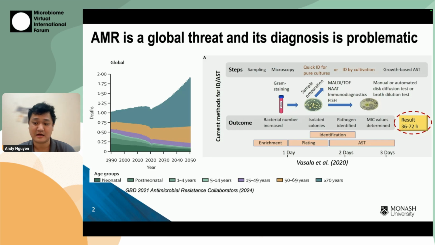It can take 2 to 3 days to return the susceptibility test, which in some cases of severe infection is not acceptable, because the difference in time can mean the difference between life and death. Because of that, there are many methods proposed to address rapid AST.